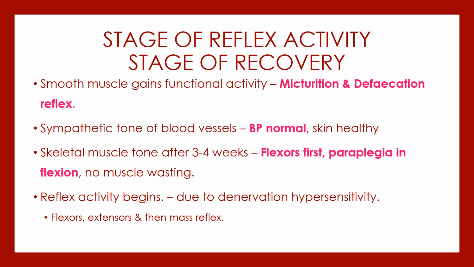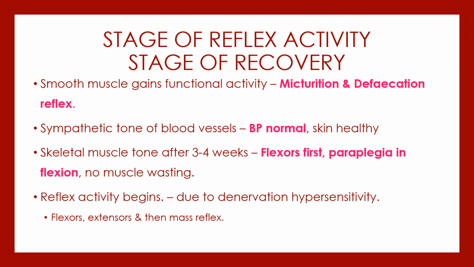Similarly, the defecation reflex also slowly gets established. Then the sympathetic tone of the blood vessels is regained when the connector cells in the spinal cord begin to act independently of the vasomotor center. So blood pressure is restored.